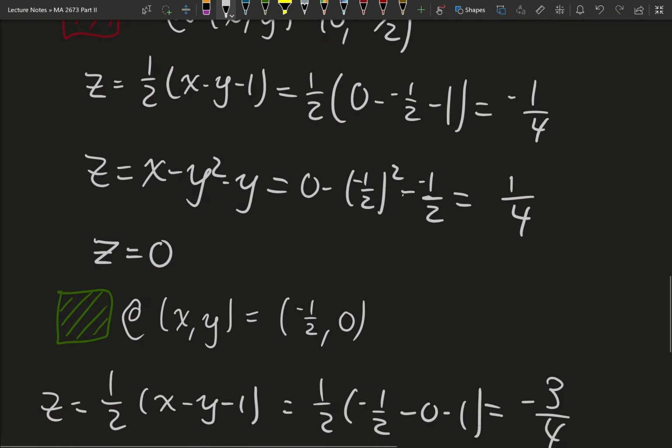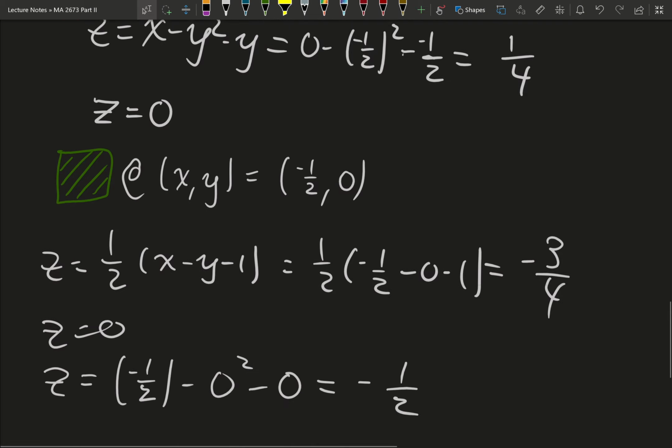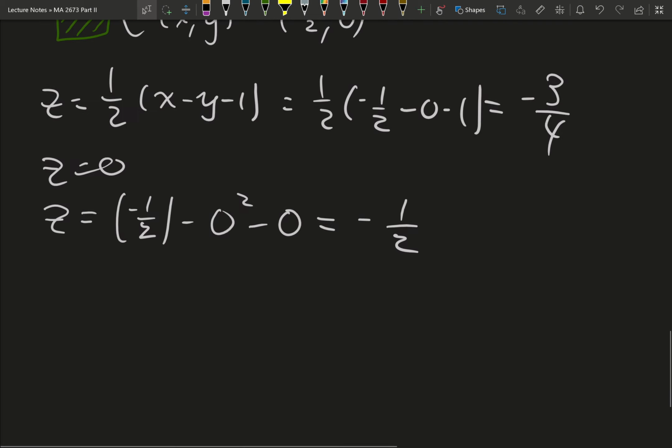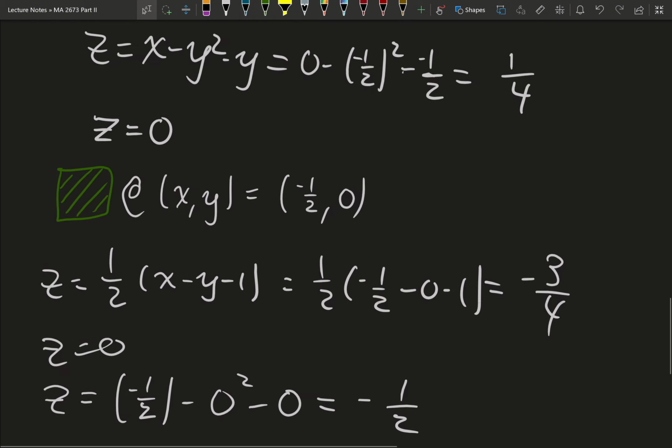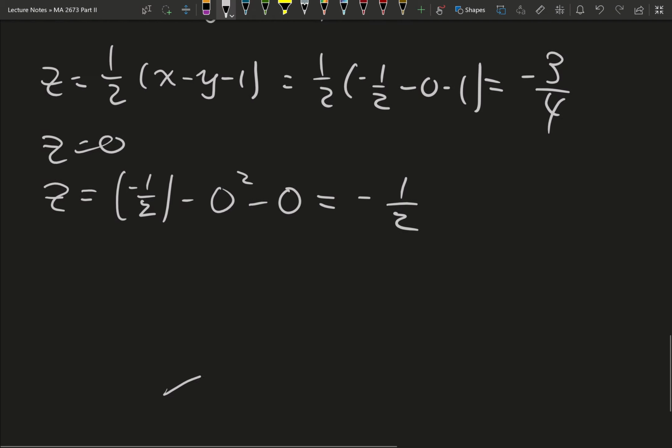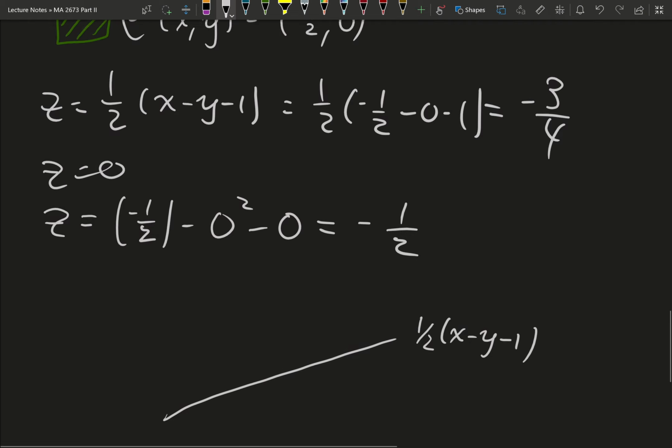Okay, so we see in both scenarios, so here's sort of the picture we have. We have this line here, or this plane here. I'm just sort of drawing a quick picture.